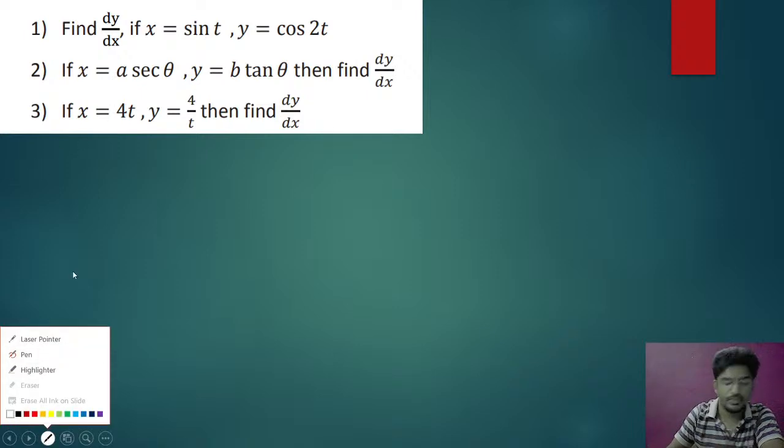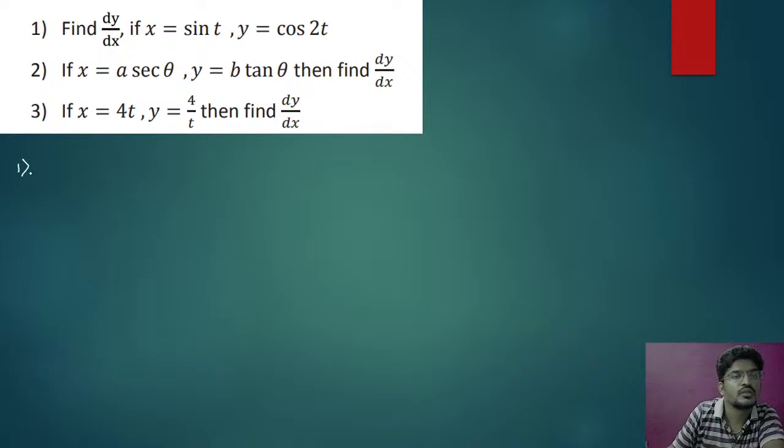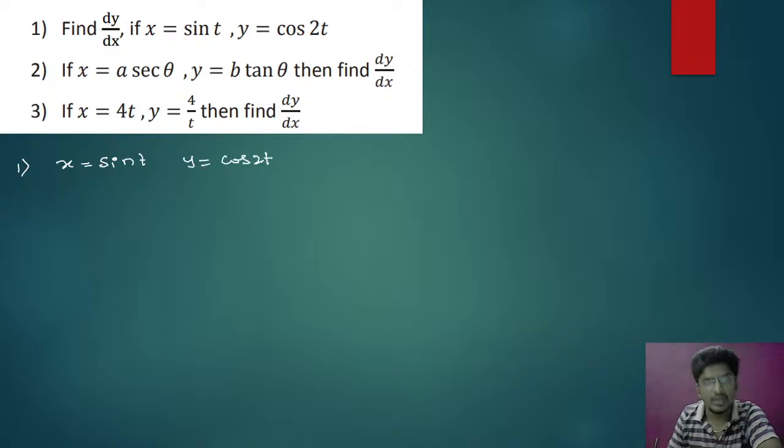The first problem. Here the first problem is find dy by dx if x equal to sin t, y equal to cos 2t. So first I will differentiate dx by dt.